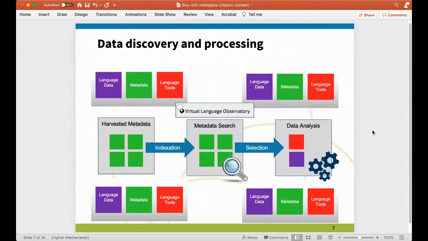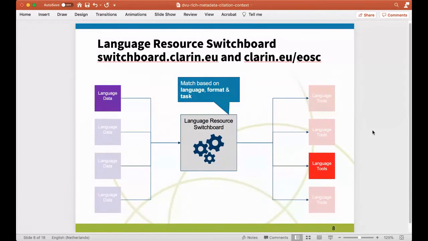The overall workflow that we often see works like this. There is harvested metadata. We have a search index for that, the Virtual Language Observatory, which allows you to search through the data selections, and then from the data selection you can do data analysis. One example of this is the so-called Language Resource Switchboard, and this is the part that brings us to the citation context. The switchboard is an application that allows you to search for a suitable match for a specific data set in terms of language processing tools.